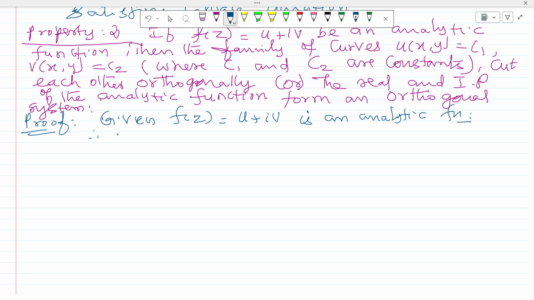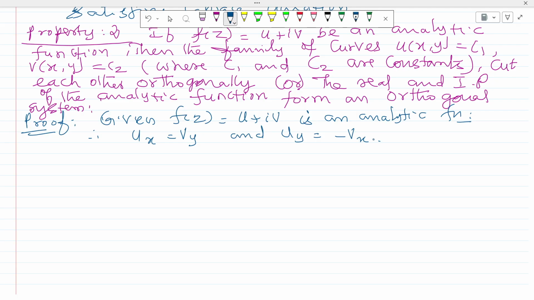Therefore, it satisfies the CR equations. So what are the CR equations here? Ux equal to Vy and Uy equal to minus Vx. Okay, so it satisfies the CR equations.